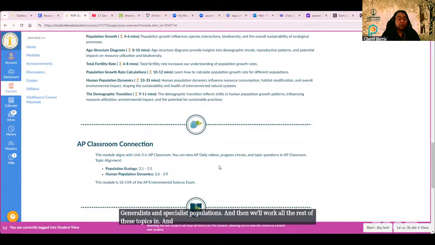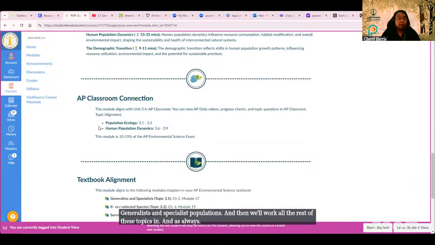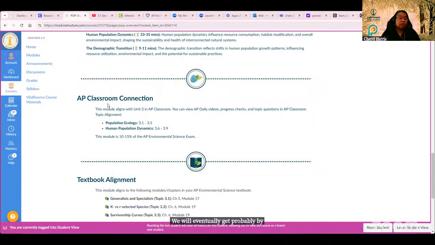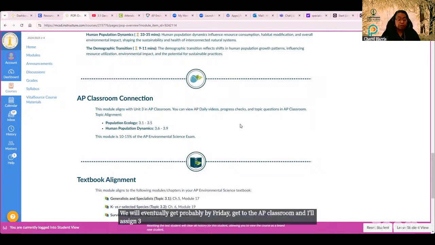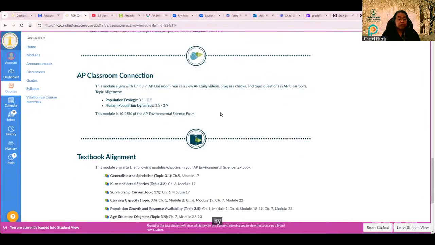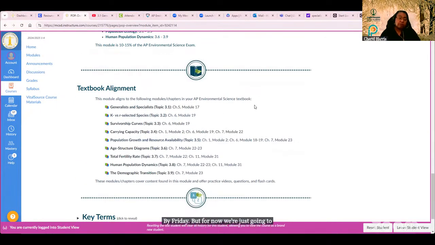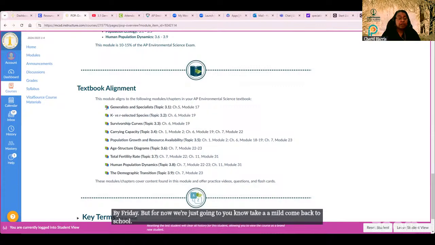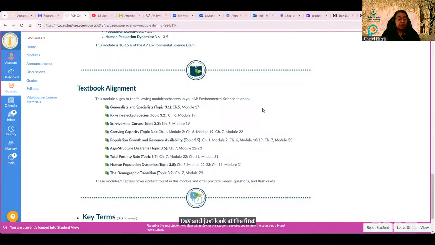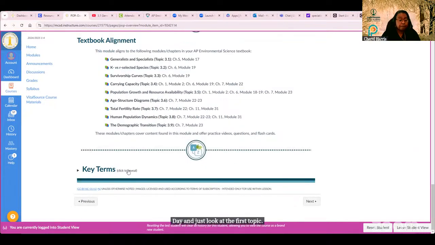And as always, we will eventually get, probably by Friday, to the AP classroom, and I'll assign 3.1 and 3.2 by Friday. But for now, we're just going to take a mild come-back-to-school day and just look at the first topic. Here we go.